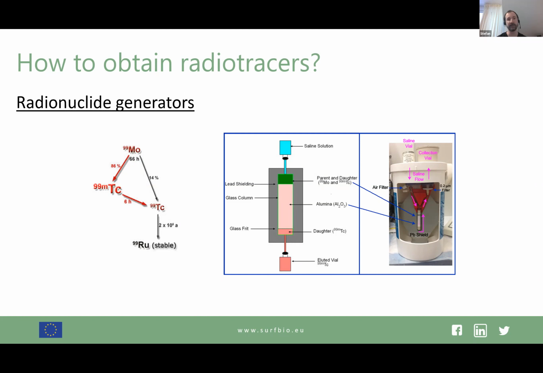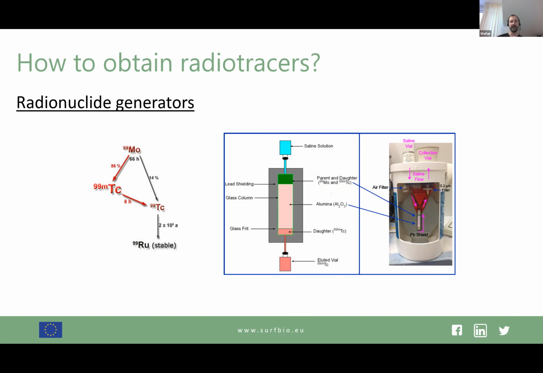So what you do is basically you use the molybdenum-99. This is fixed on a column. This has a longer half-life. You can transport it without it basically being gone after a couple of, after 3 days. And then what you can do is you elute the daughter nuclide, the technetium-99m, and it is ready for use in your studies.